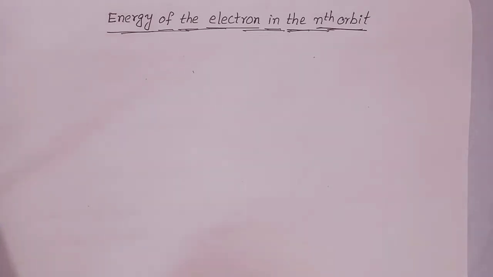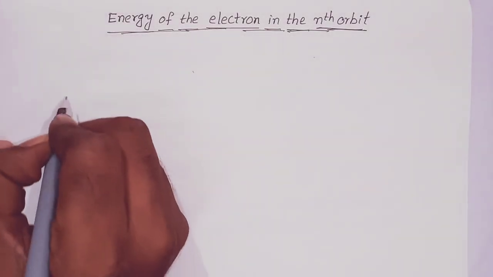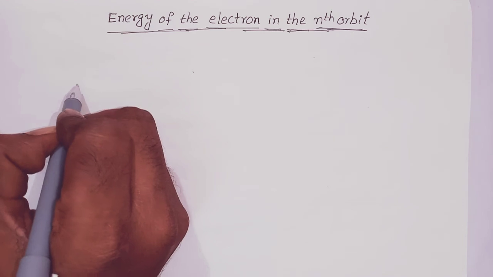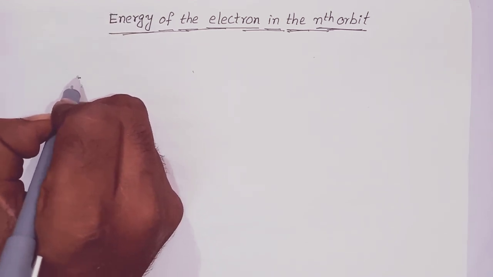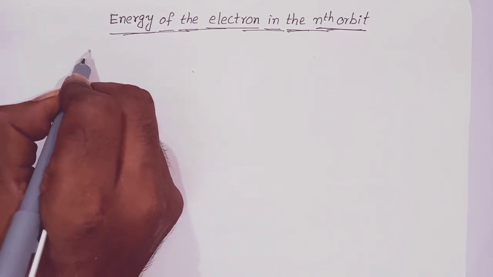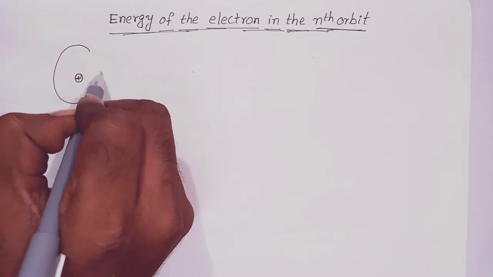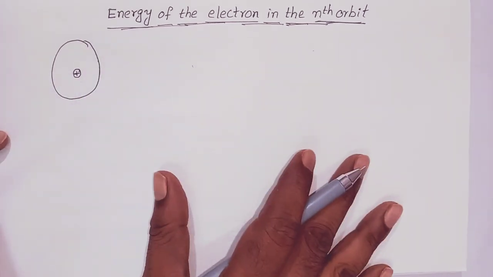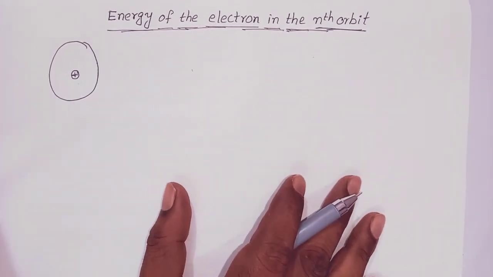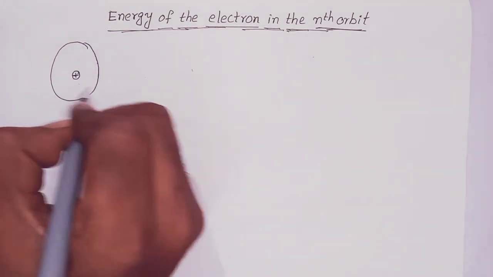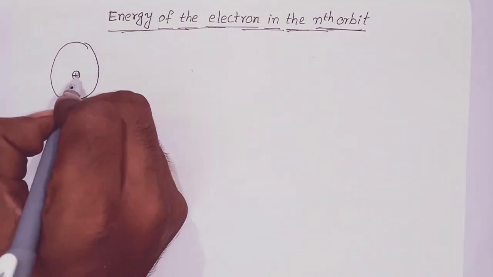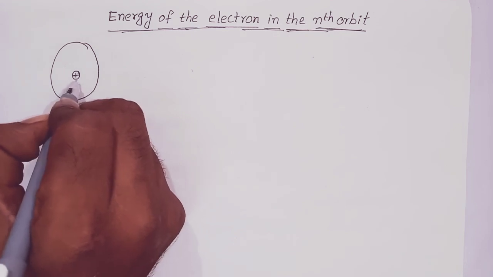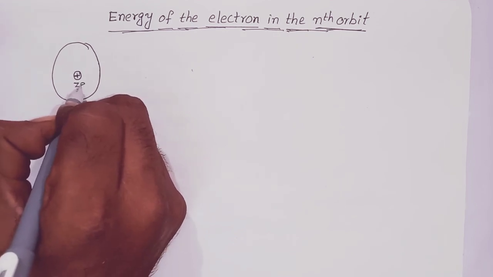హైడ్రోజన్ ఆటం. So this is the nucleus of hydrogen atom and it is the orbit. So here the charge of the nucleus is Ze.